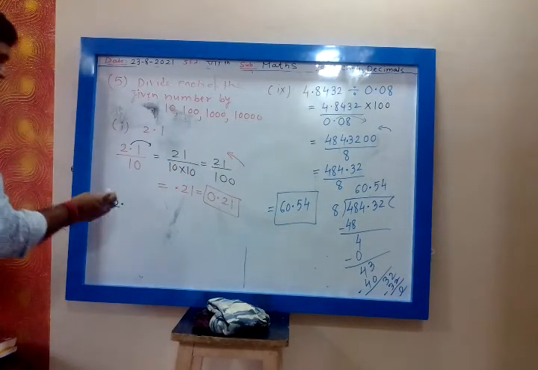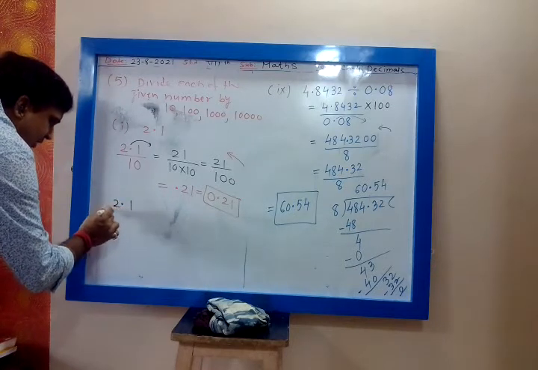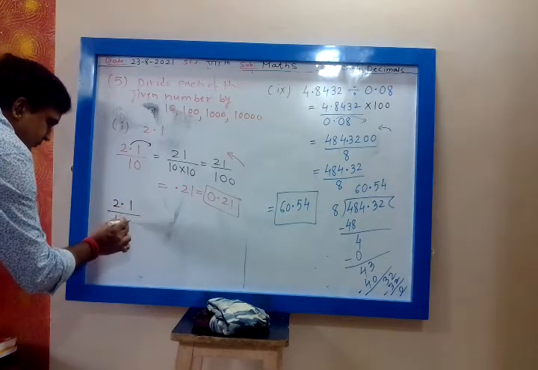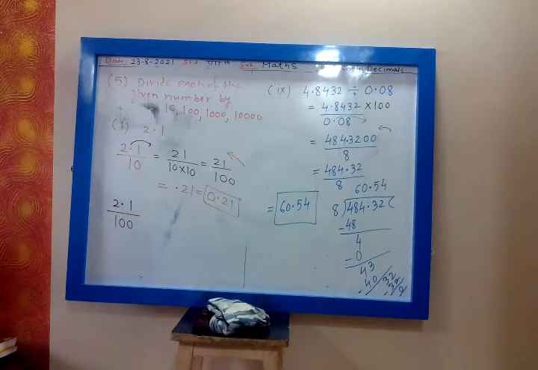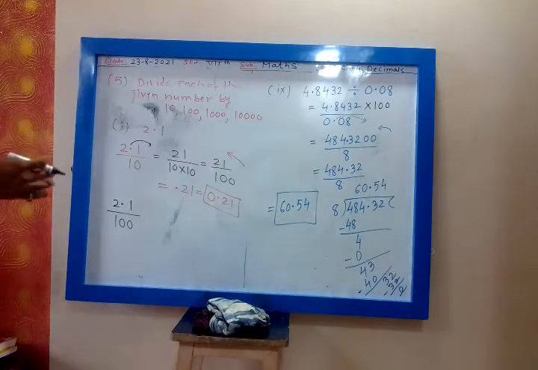So now next is 2.1 divided by 100. What you will do? Now let me explain you another method.